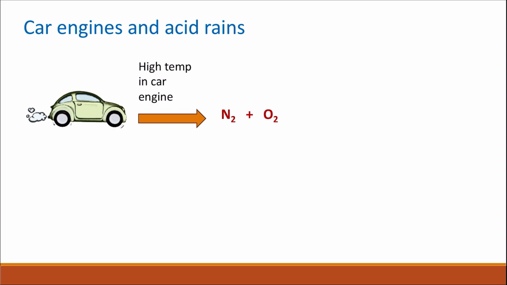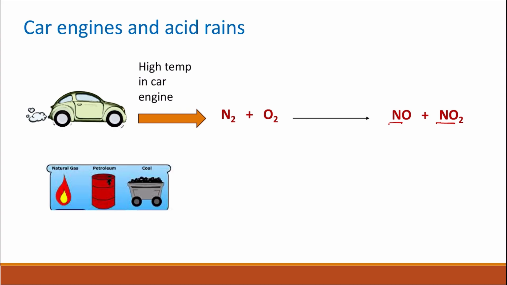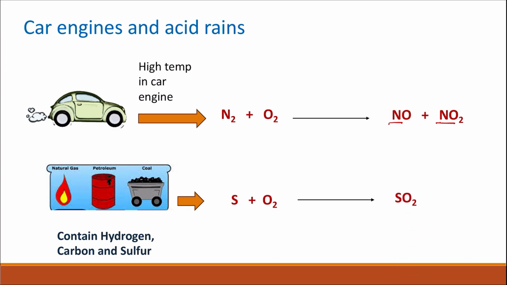Even though they are not waste products from the burning of fuel itself, because of the high temperature within the car engine, they can combine to give you nitrogen oxides like nitrogen oxide and nitrogen dioxide. Also, different sources of fuel contain sulfur in addition to hydrogen and carbon. When they burn, the sulfur can also react with oxygen from air, and that will give you sulfur dioxide.